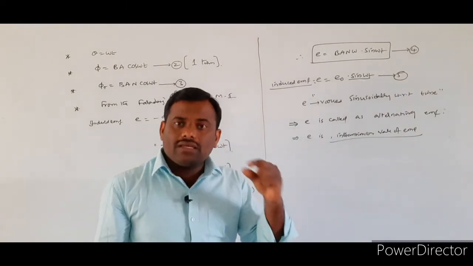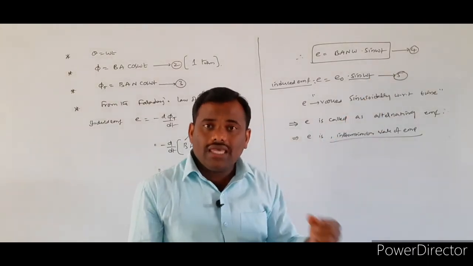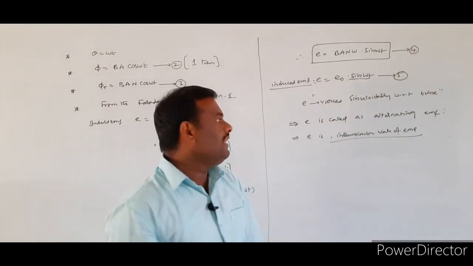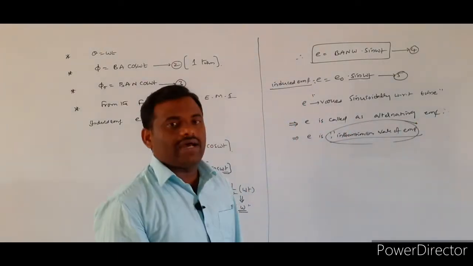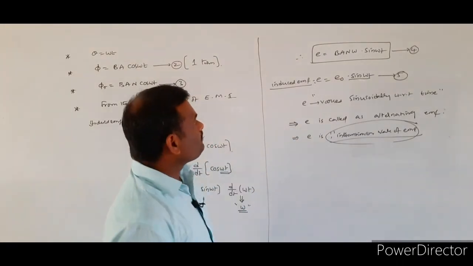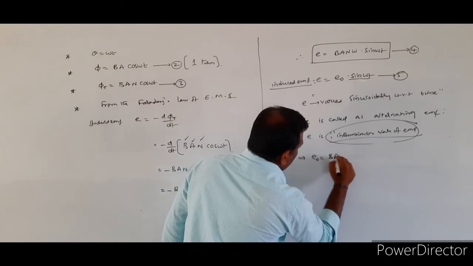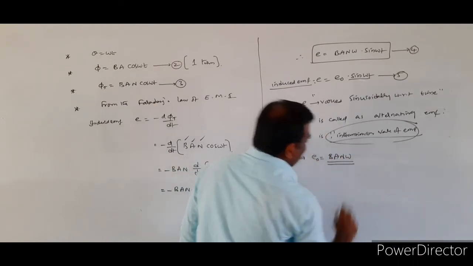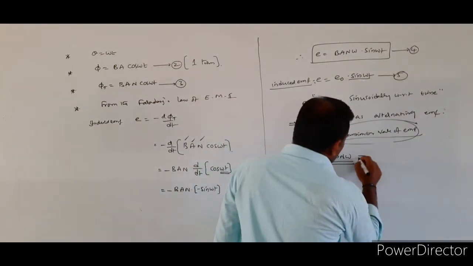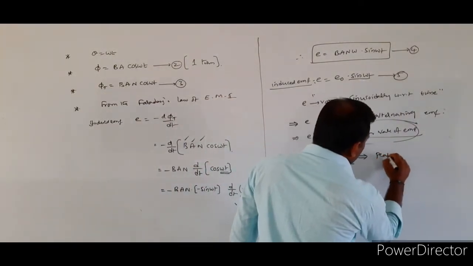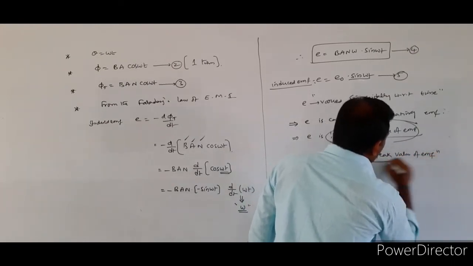So at a particular instant of t seconds, the EMF present within the coil is called the instantaneous value of the EMF. Here E naught is equal to BAN omega, which we call the peak value of EMF.